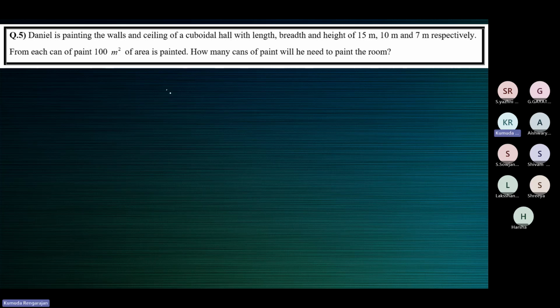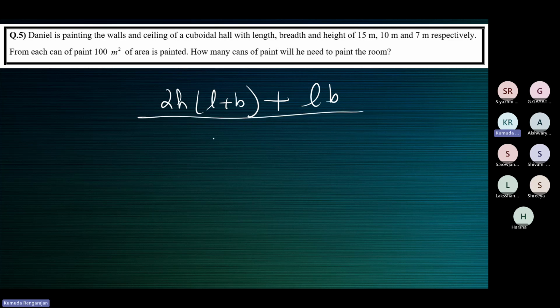What area has to be painted? 2h into L plus B, the 4 walls, and the ceiling, L into B. This area divided by the area that can be painted using 1 can will give you the number of cans needed. Why this formula works is because number of cans into 100 meters square will be equal to this area.